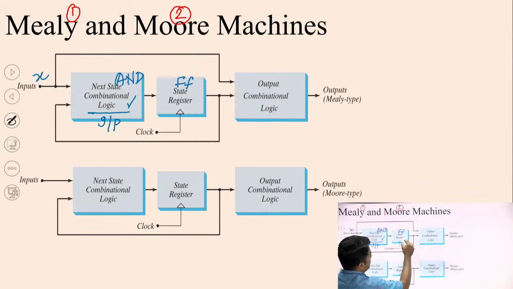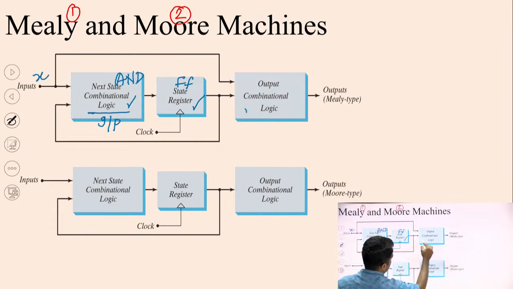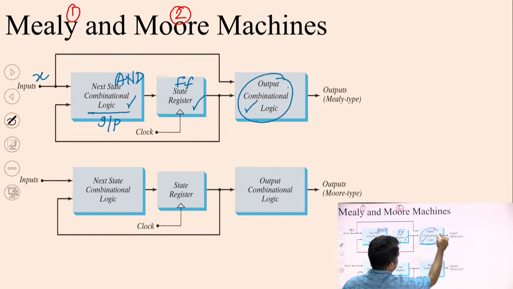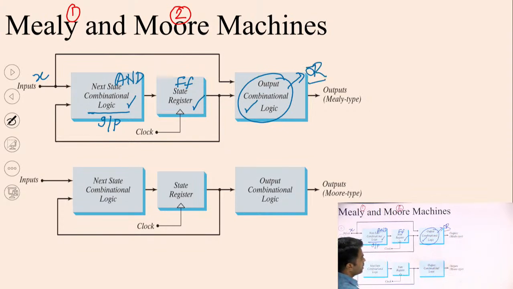The output of that AND gate drives the flip-flops. The flip-flops' output goes into some output combination circuit, which in our example was an OR gate. Okay, so these three things are common in Mealy and Moore circuits: next state combination logic, state register, and output combination logic.